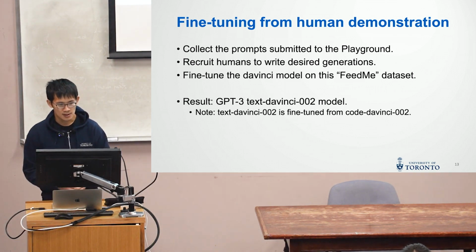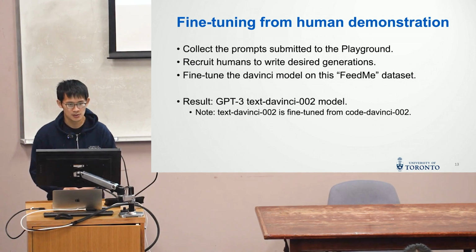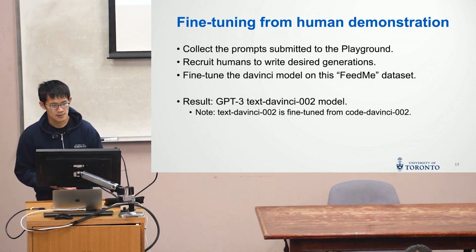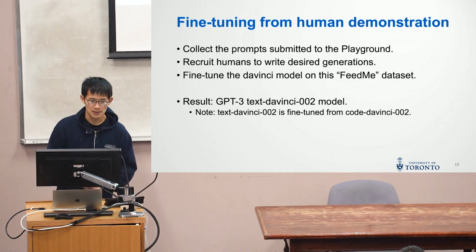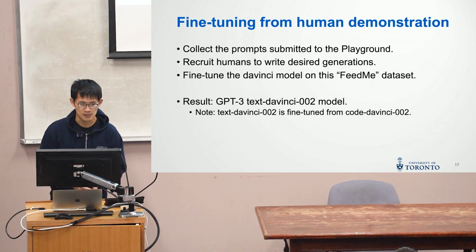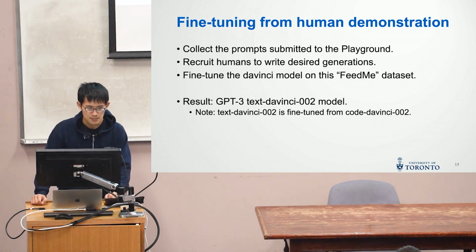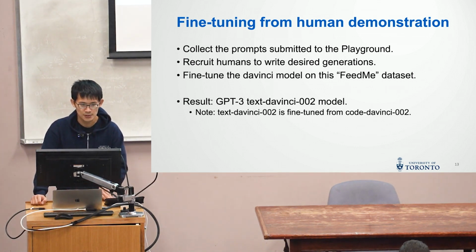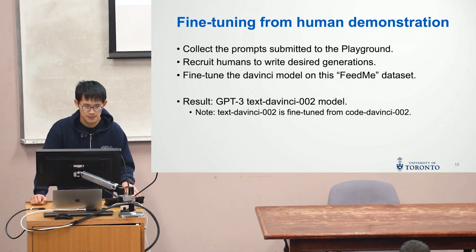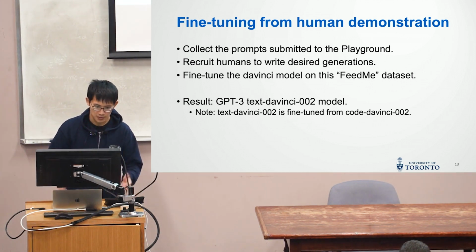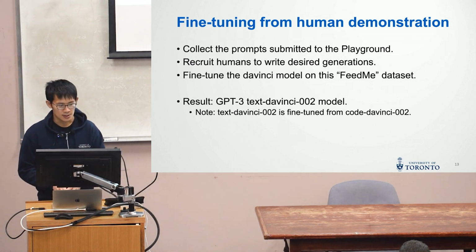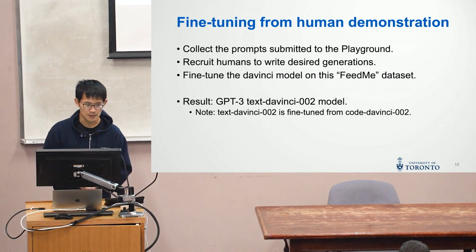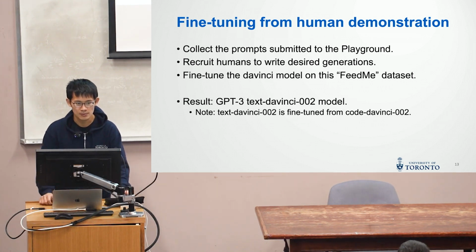This data set, which they internally call the feedme data set, covers many corner cases which were previously not covered by language model pre-training. If they fine-tune the DaVinci model on this feedme data set using, for example, the language modeling objective, then the language model is going to be a lot better than the original language model.